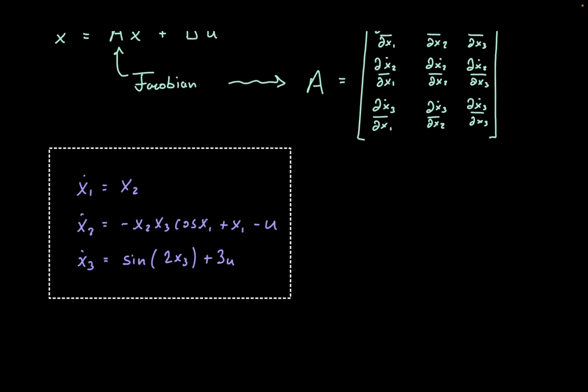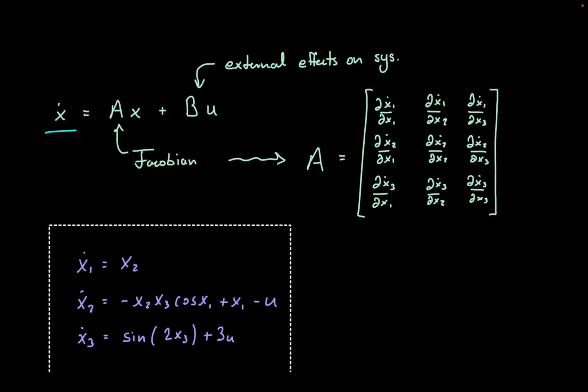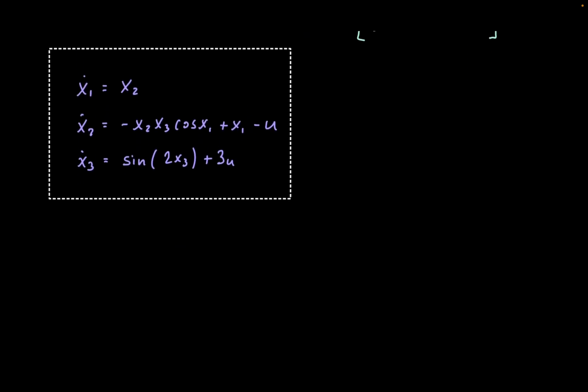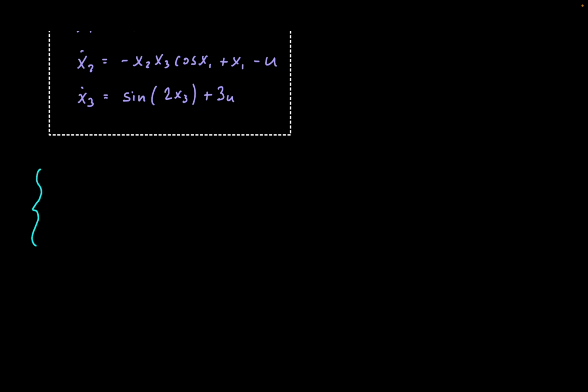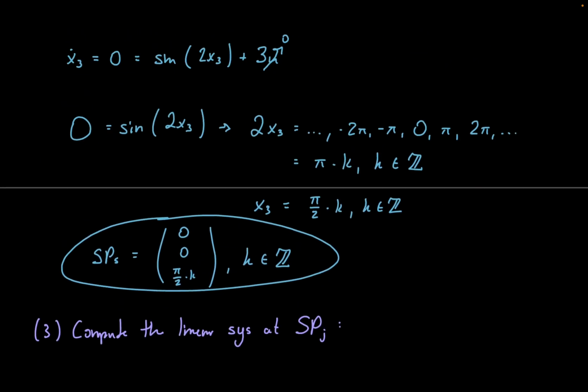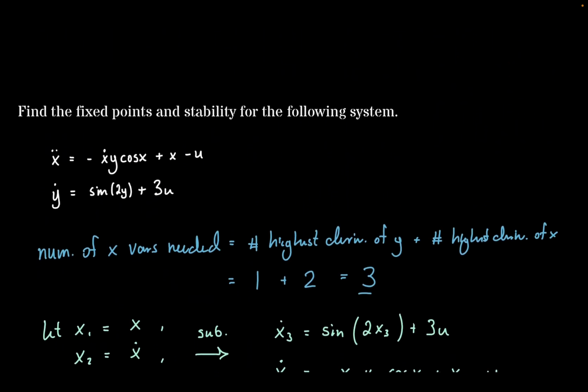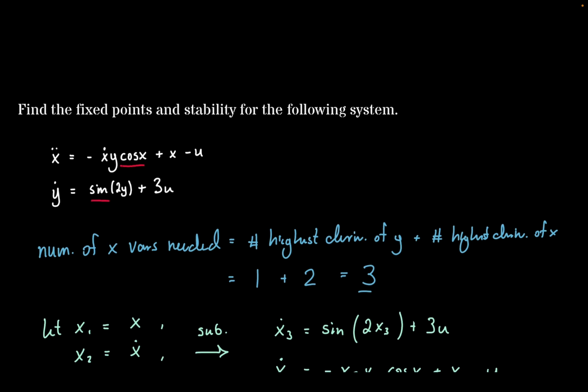Now, for this first part here, we have our vector of our x dots. So we can start out by writing x1 dot, x2 dot, and x3 dot. And now this is going to be set equal to our Jacobian matrix, or matrix A. Since this is a nonlinear system, and I should specify why: we have our sinusoids here, a cosine or a sine, and those are going to oscillate.